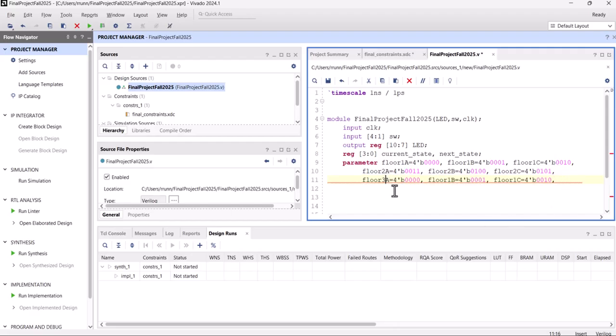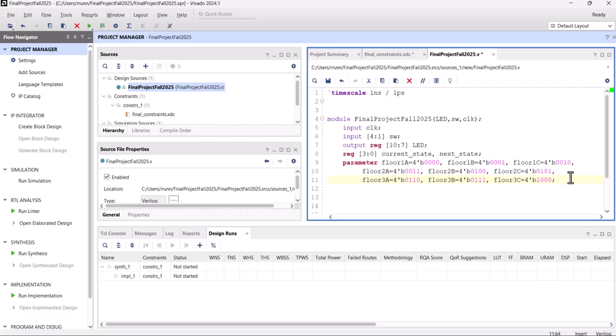and 3A, 0110, 3B, 0111, and 3C, 1000. Okay, so those are just naming our states.